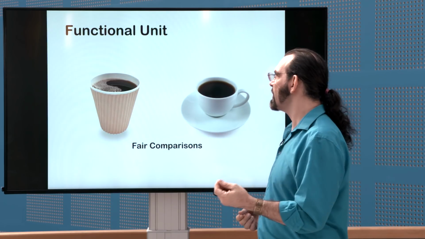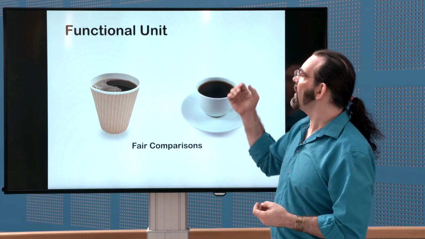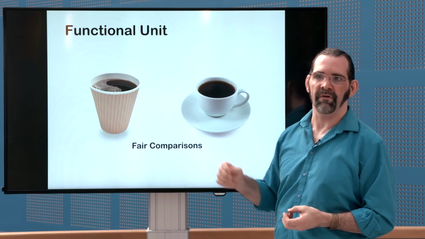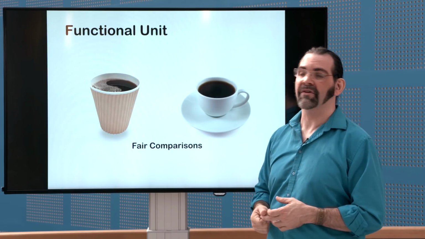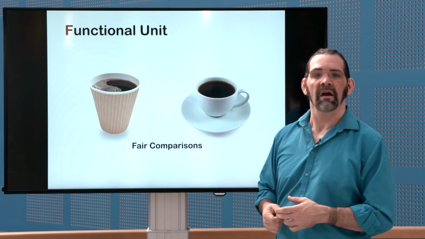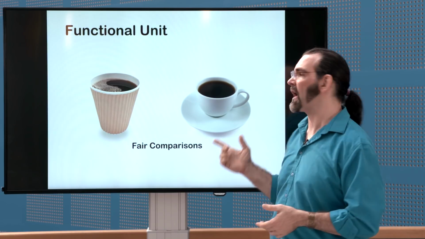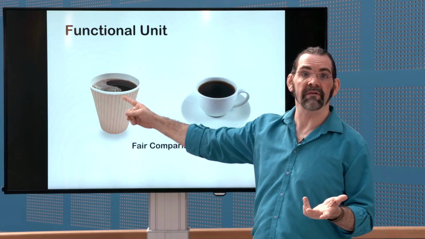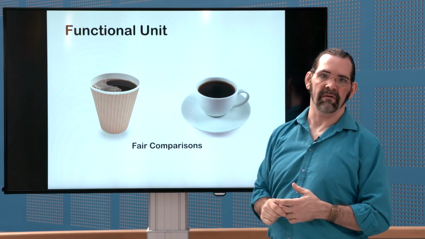And that's because that's not a fair comparison, because it's not the function of a coffee cup. The function of a coffee cup is to drink coffee out of. And so something where you can drink 500, 1,000, 2,000 cups of coffee out of this cup, and you can only drink maybe 1 or 2 out of this cup, that is a better unit of comparison.